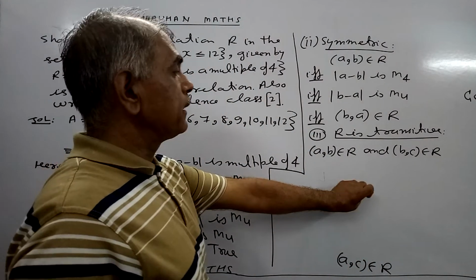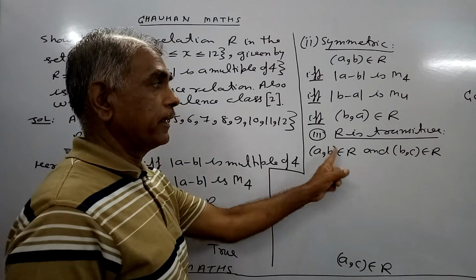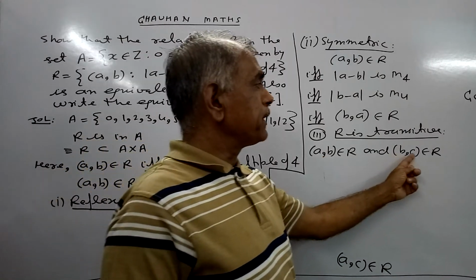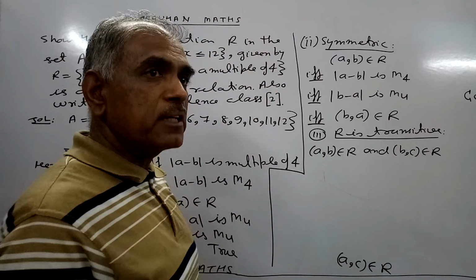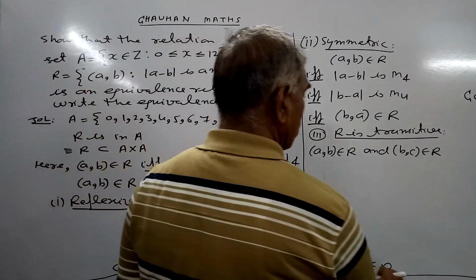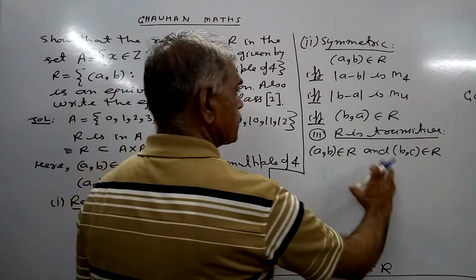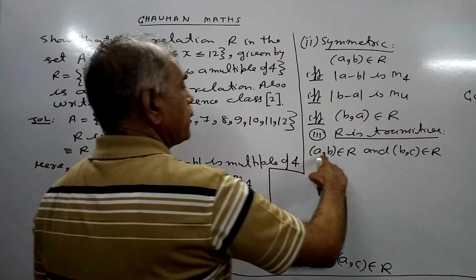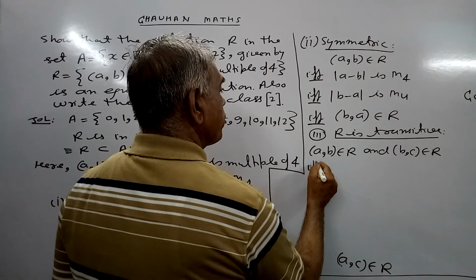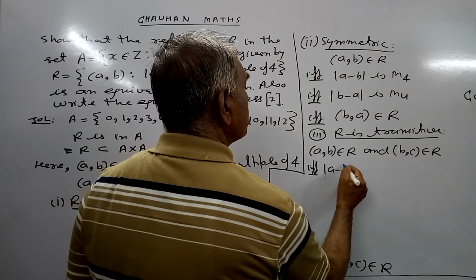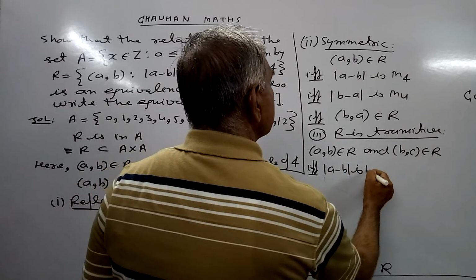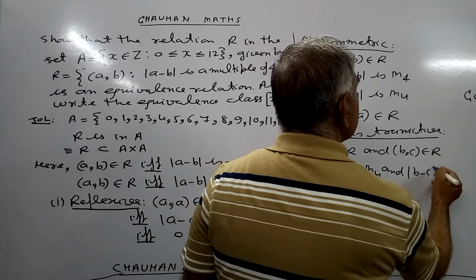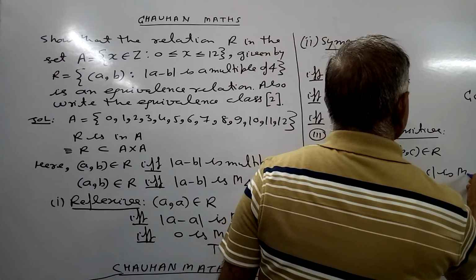If we can fill the gaps, then the relation is transitive. (a, b) belongs to R and (b, c) belongs to R must imply (a, c) belongs to R. With this, relation R will become transitive. Now (a, b) belongs to R if and only if |a − b| is a multiple of 4 and |b − c| is a multiple of 4.